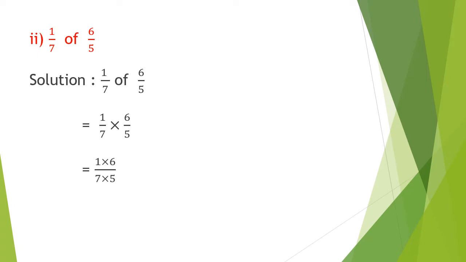Then apply the rule of multiplication of a fraction by a fraction. Multiply the numerators upon multiply the denominators. That gives 1 into 6 whole divided by 7 into 5. There is no common factor between numerator and denominator. So we can write the product as 6 upon 35.